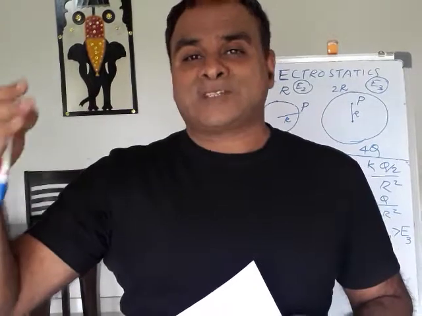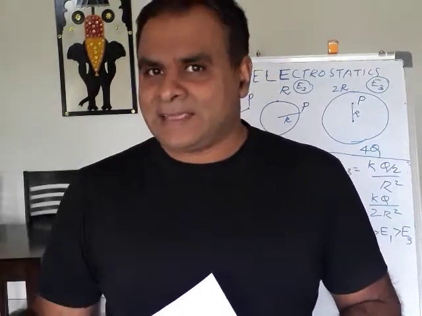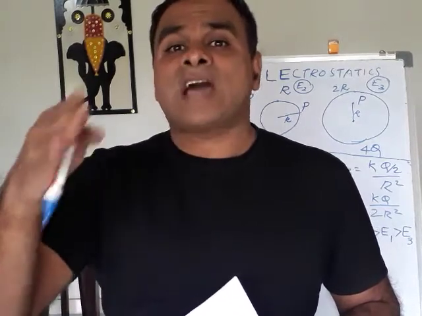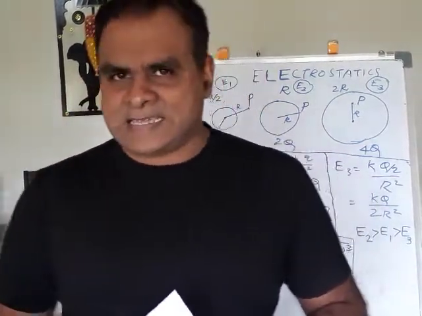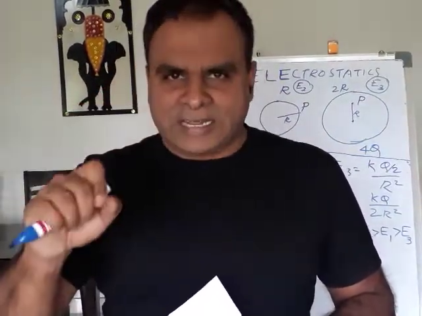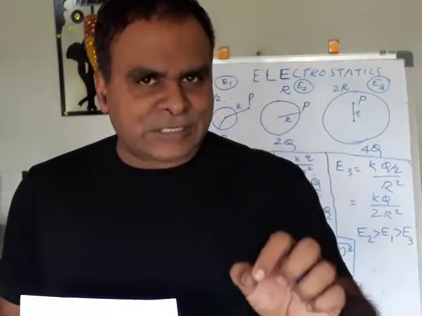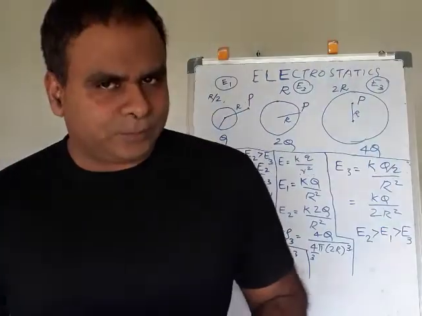It is better to stay inside a car rather than outside during lightning. Those are all applications of electrostatic shielding, which we already discussed. In this video, I am telling, in the case of a conductor, the electric field inside the conductor is zero.